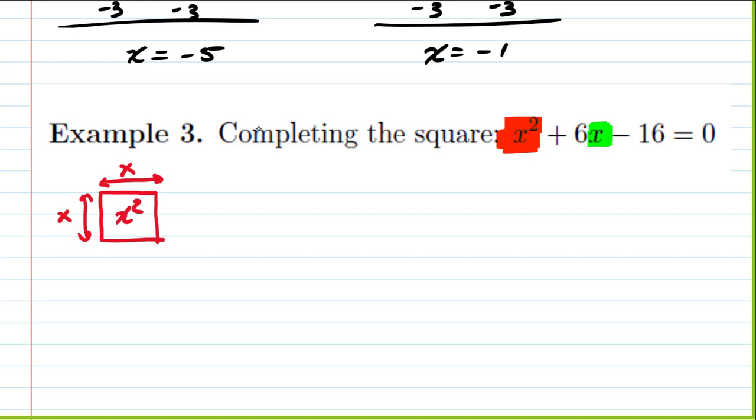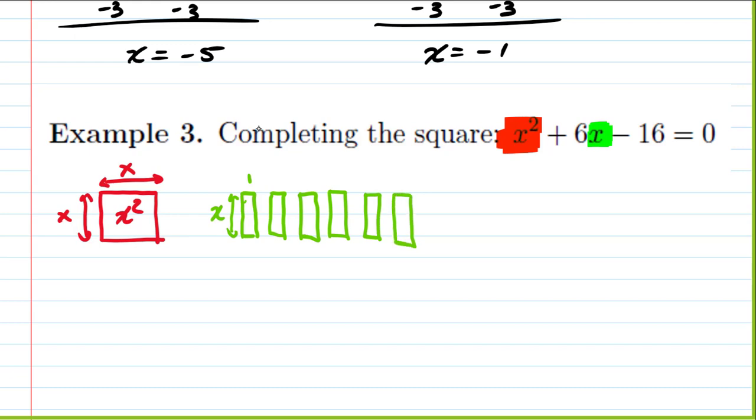Then if we wanted to visualize x, x would be a rectangle with width 1 and height x. And 6x would mean we would have 6 of these 1 by x rectangles.